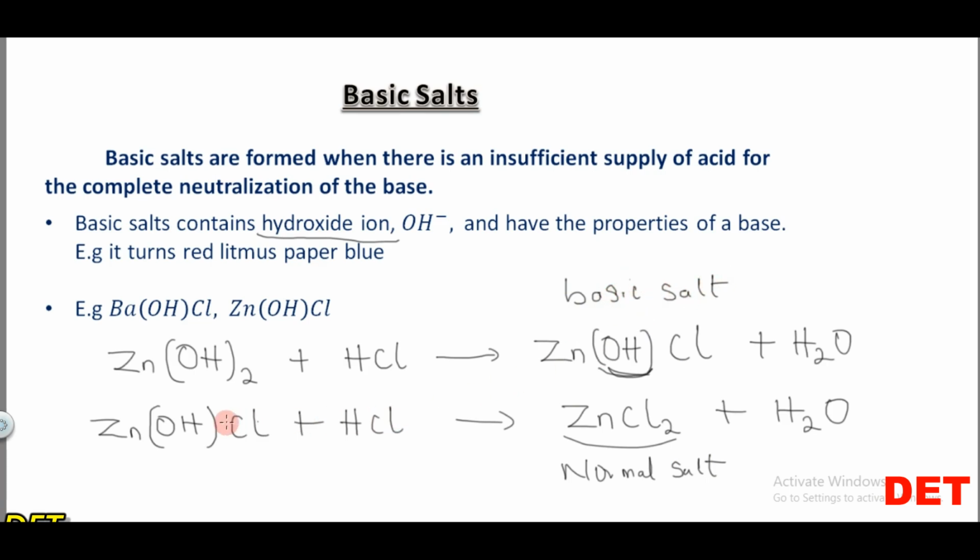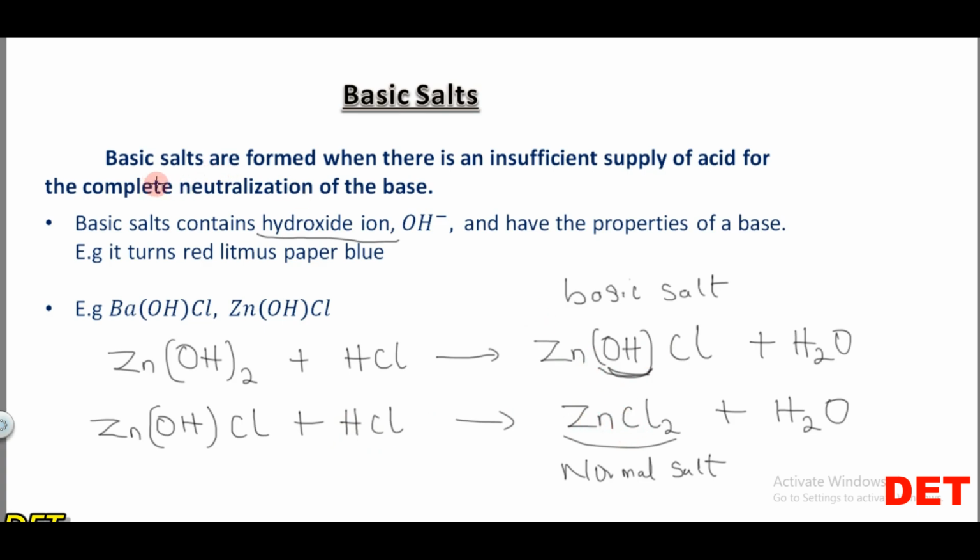So when you react a base with a limited amount of an acid, a basic salt will be formed. When zinc hydroxide, which is a base, reacts with an insufficient amount of hydrochloric acid, zinc hydroxide chloride, which is a basic salt, is formed. And when this basic salt reacts with another molecule of an acid, a normal salt will be formed.